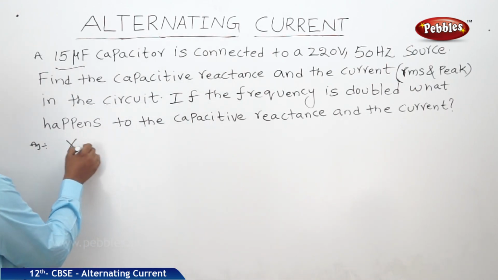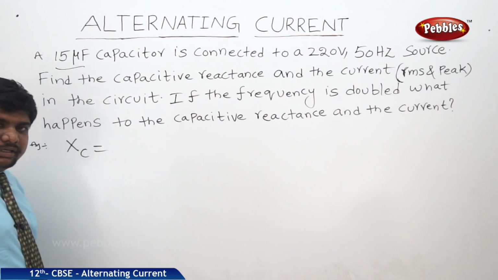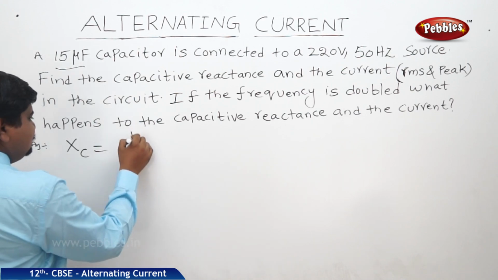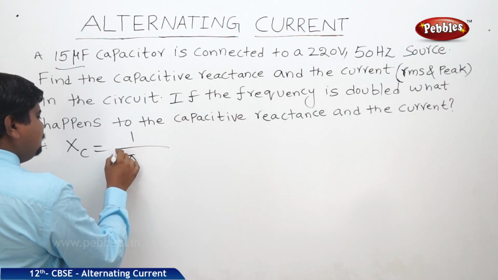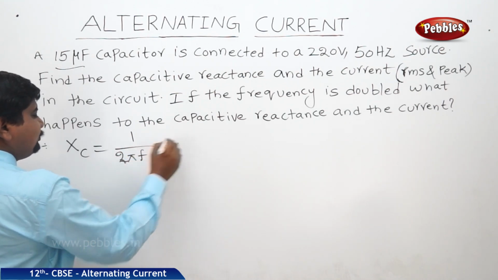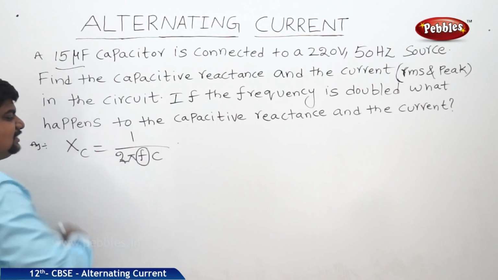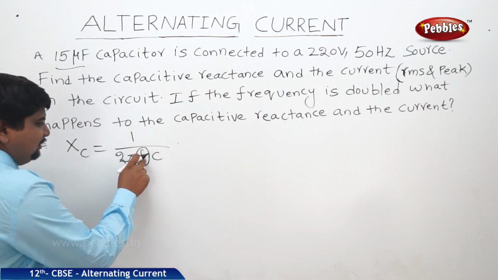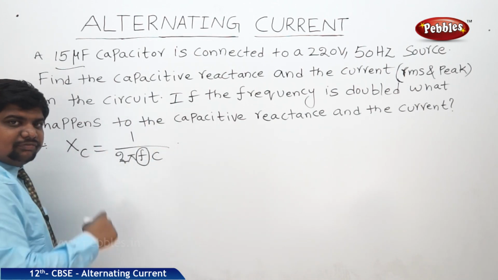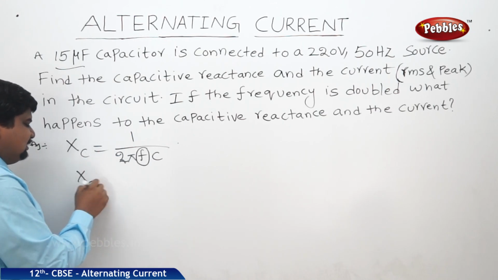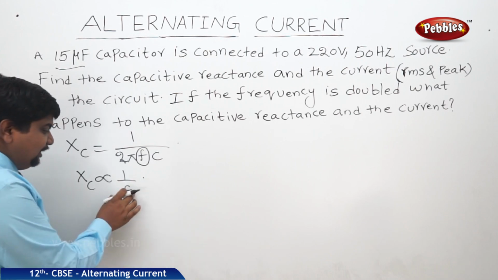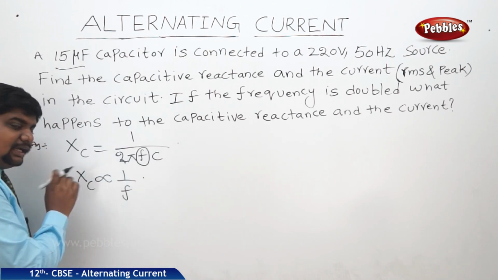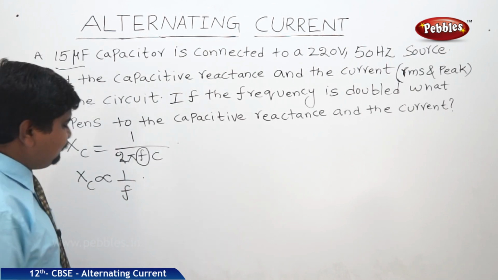See, Xc is the capacitive reactance. The formula is 1 by 2 pi f C. Here it says the frequency is doubled, which means f becomes 2f. Xc is inversely proportional to frequency. If f is doubled, Xc will become half.